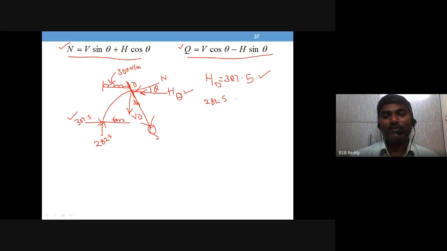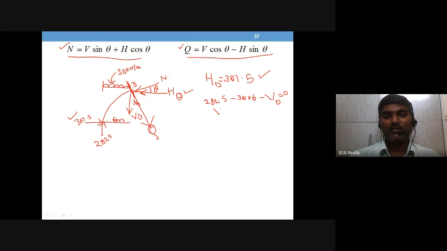Okay, so 282.5 upward, minus 30 into 6, and this is VD vertically downward, so downward is written minus, so minus VD is equal to 0.